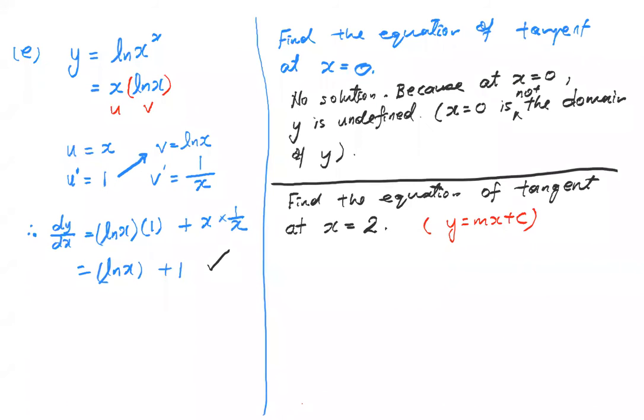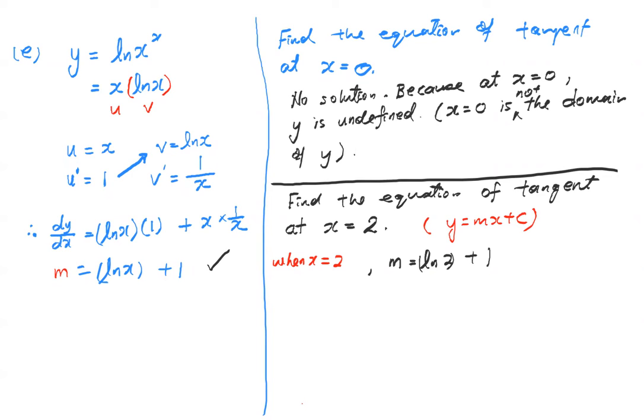Okay, so if we want to find, that is how we do. We got our gradient function already. This is the gradient of tangent, correct? So I will say that when x equal to 2, okay, so the gradient will be equal to ln 2 plus 1.